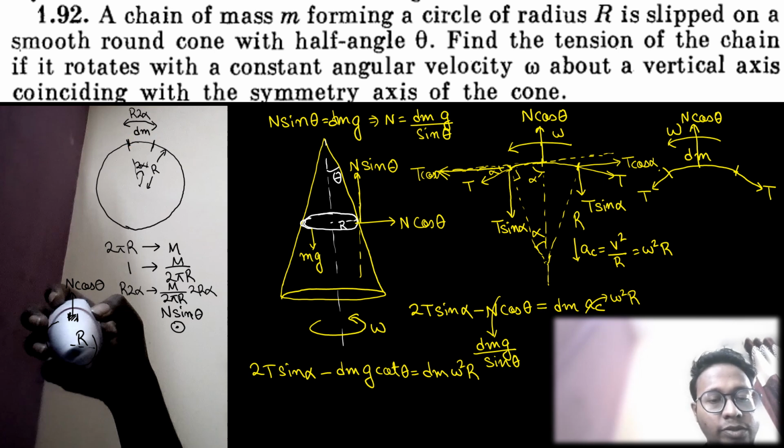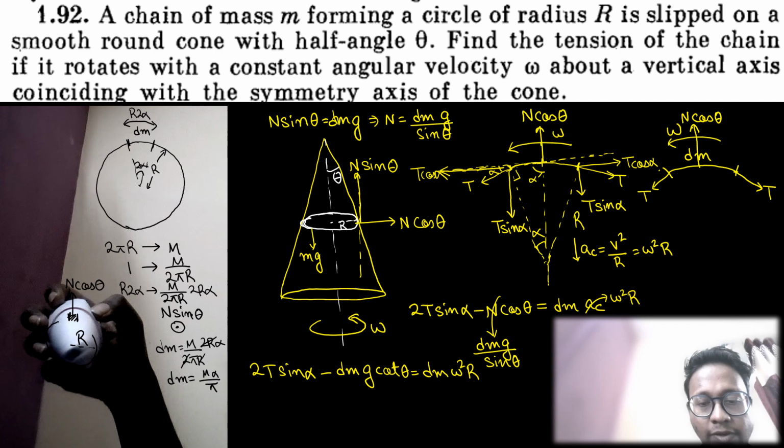So dm is equal to m by 2 pi r into 2 r alpha. Dm is nothing but the mass contained out here. Alpha and alpha don't get cancelled here, but 2r and 2r get cancelled. So dm is equal to m alpha by pi.